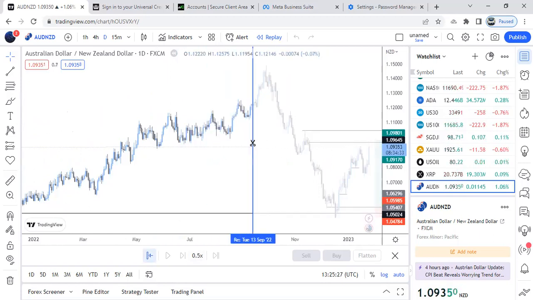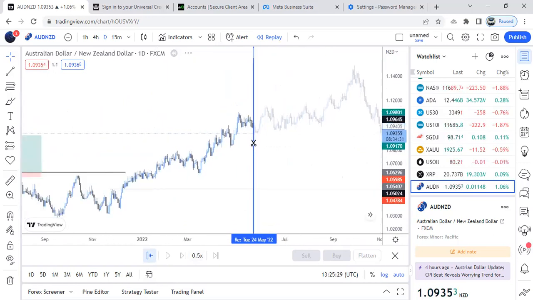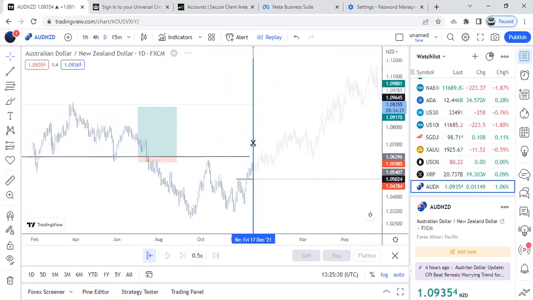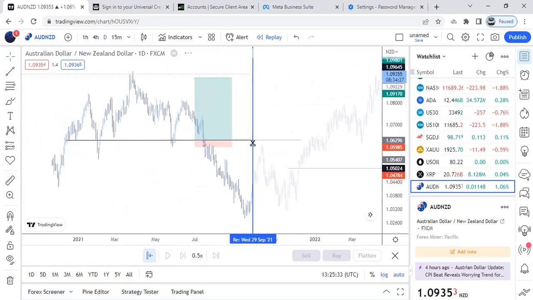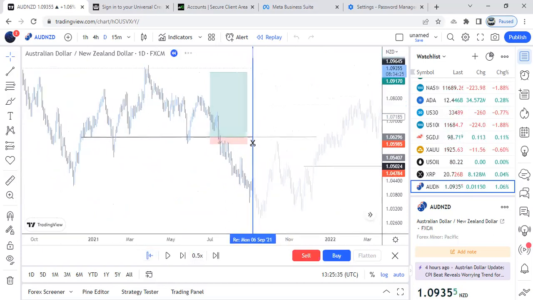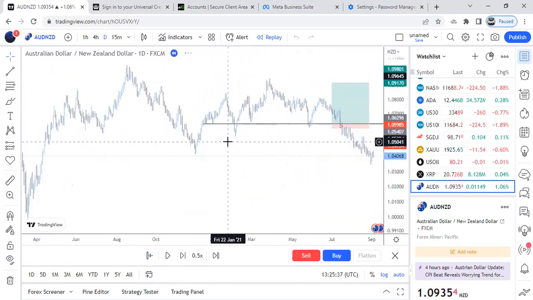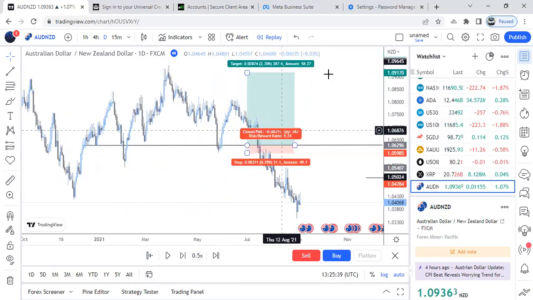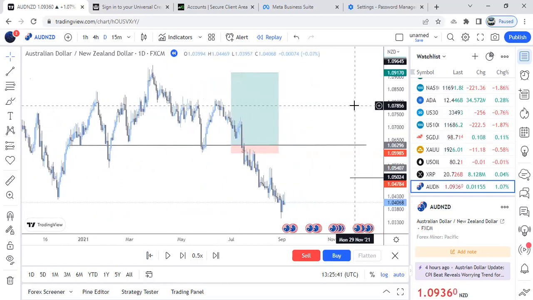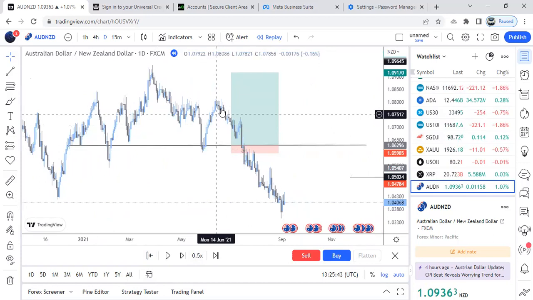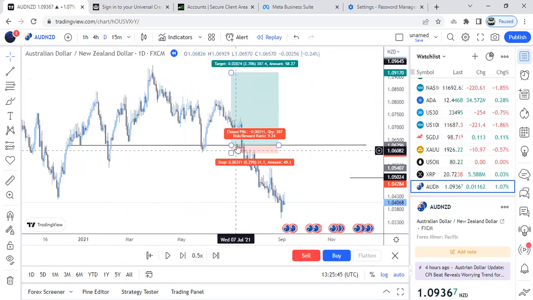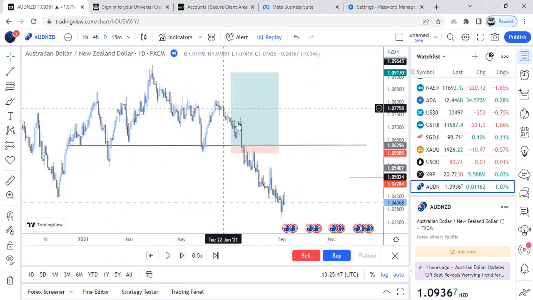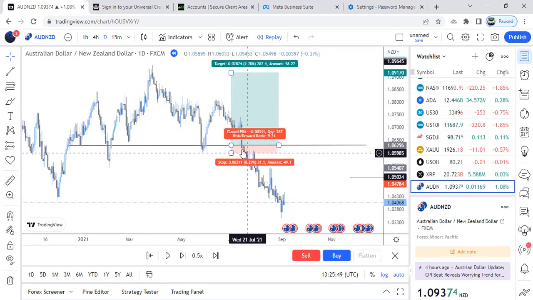I just made a mistake. I just had to forward this stuff. So what happened here, right? It came down here, retested and broke, took out the stop loss.